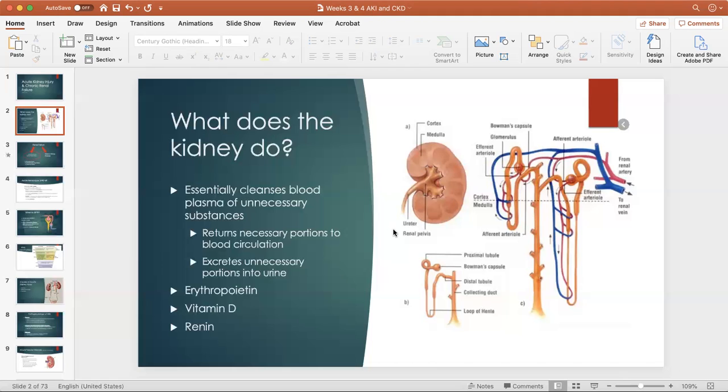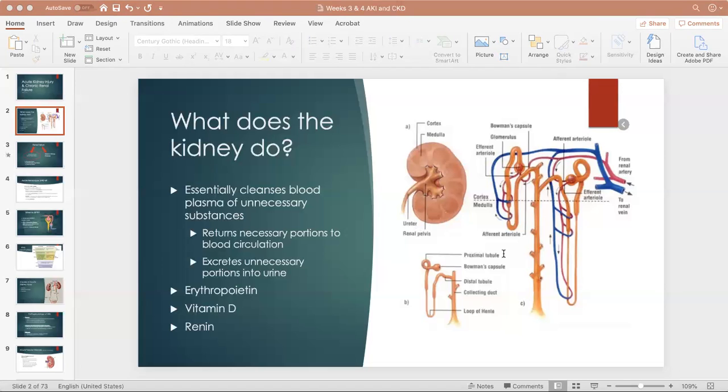As the blood comes into the kidney, some of it is going to be used to perfuse the kidney. We've talked about that yesterday, and some of it will be filtered. Basically this process works kind of like this. So the blood comes in.